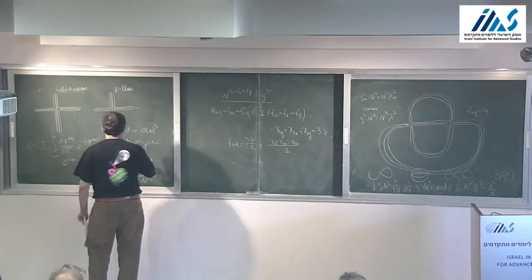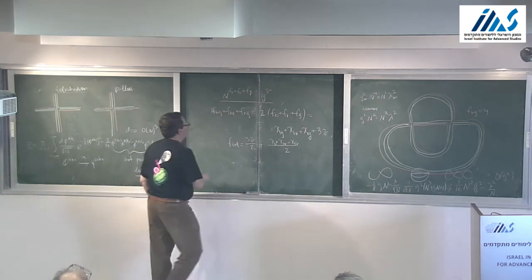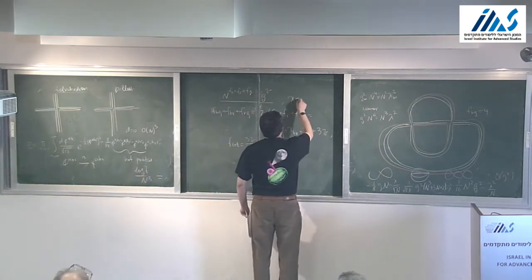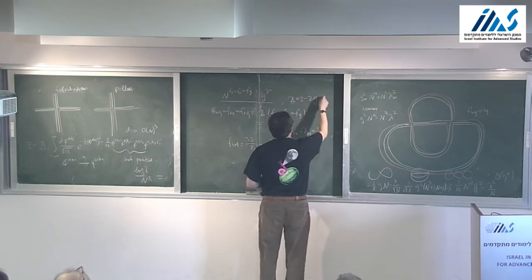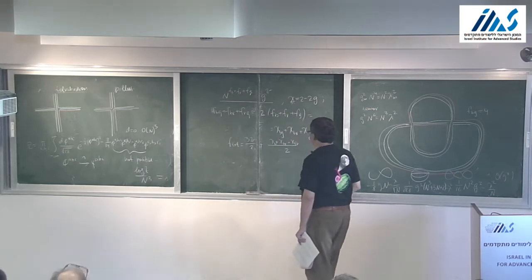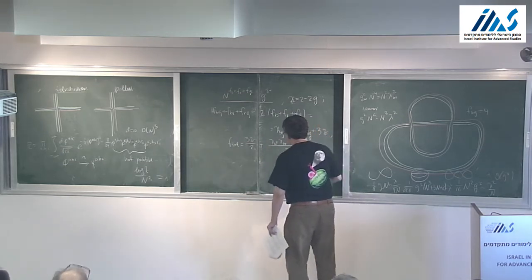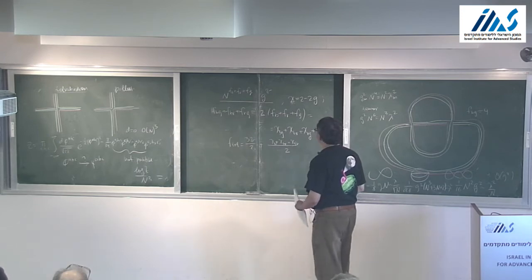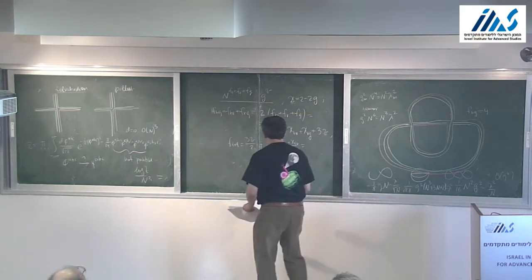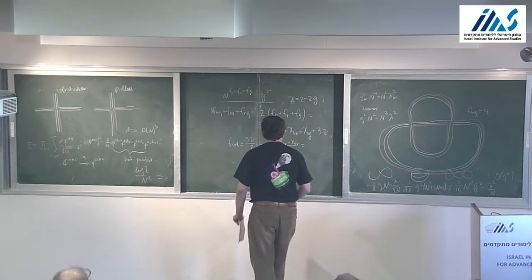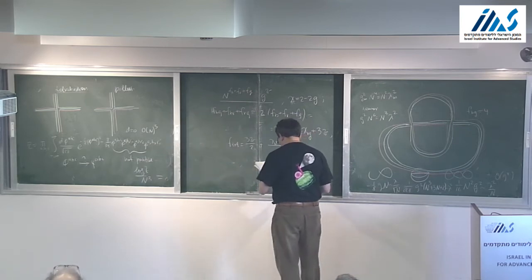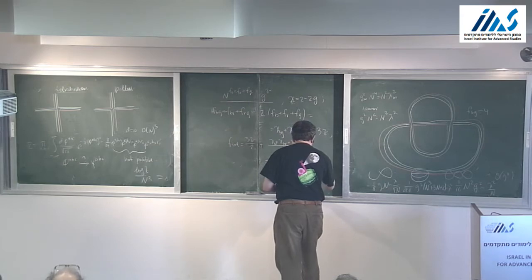So for a connected graph, chi is equal to 2 minus 2g, or chi over 2 is equal to 1 minus g. So this therefore gives me 3V over 2 plus 3 minus the genus of the BG graph minus the genus of the BR graph minus the genus of the RG graph.